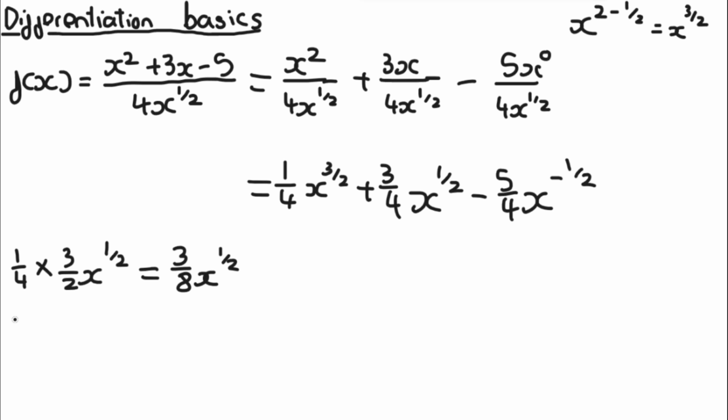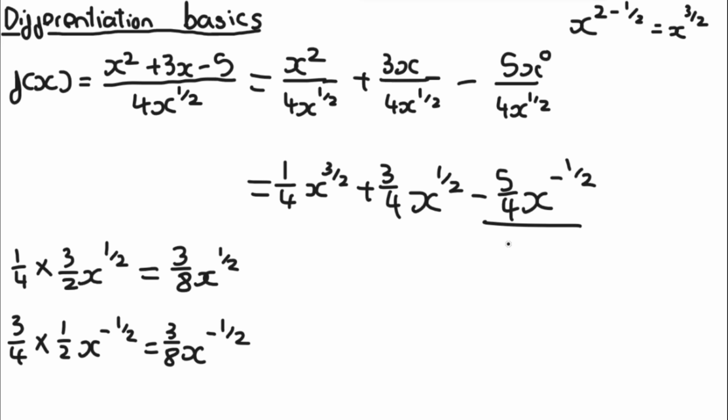The next term is going to be 3 over 4 times, and then we differentiate x to the power of a half to get half of x to the power of minus a half, which is equal to 3 over 8 again, x to the power of minus a half.